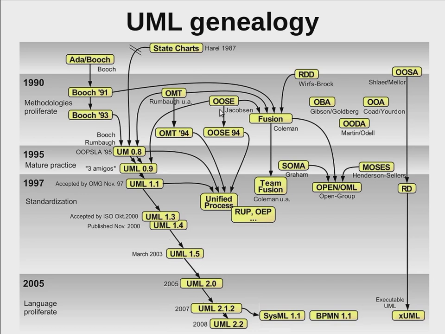Then other computer scientists and project managers, Jacobson, Coleman. So there were quite a lot of different notations and approaches to describe systems, and in this case all these systems are mostly software. How to describe software and how it works.